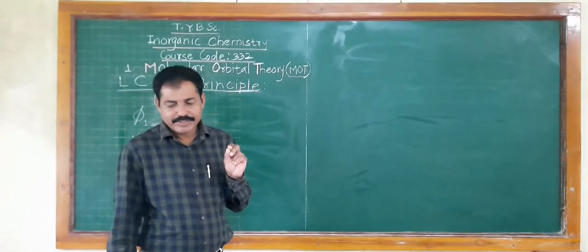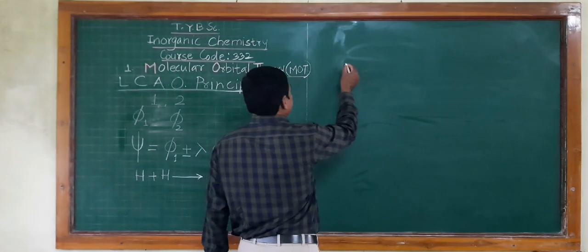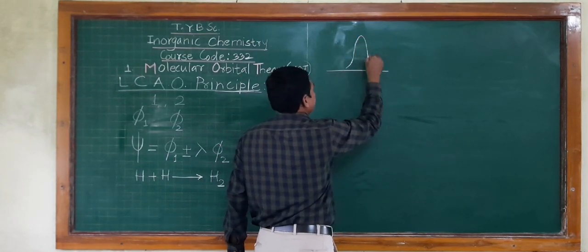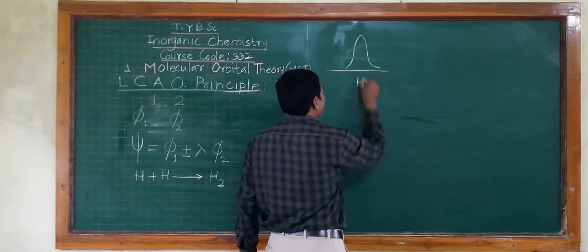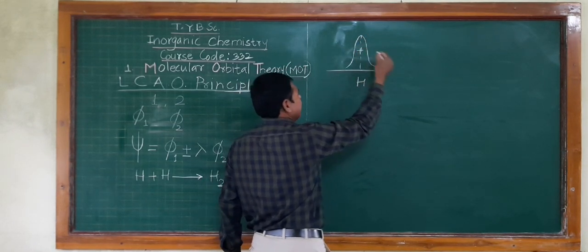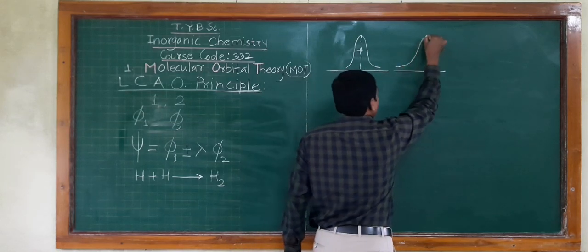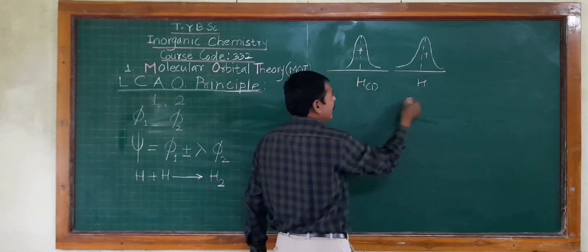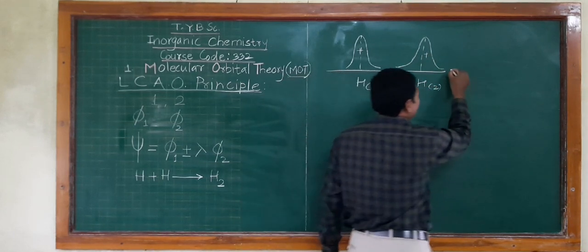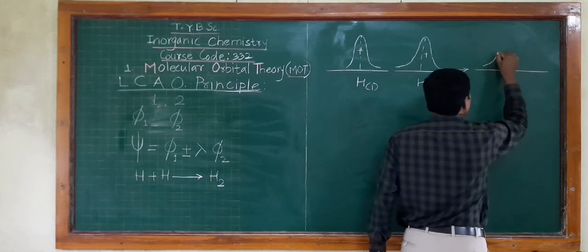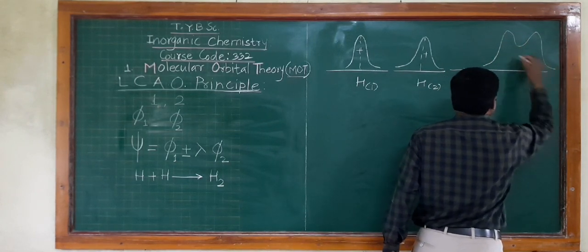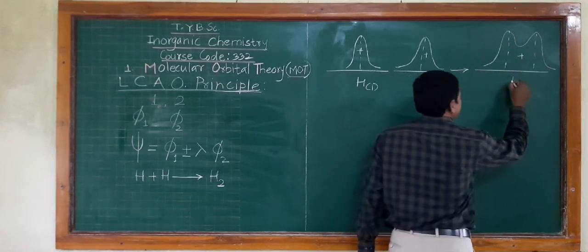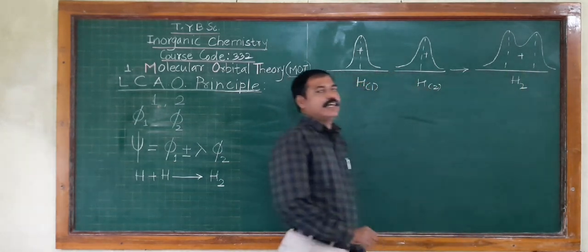First, the same sign combination. We can represent the orbital of one hydrogen atom having the plus sign, and the orbital of another hydrogen, hydrogen atom number 2, also having the plus sign, and this gives rise to the molecular orbital like this, with the electron density concentrated between them in this hydrogen molecule.